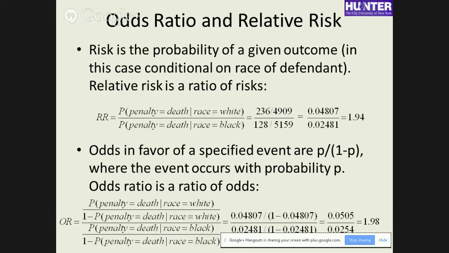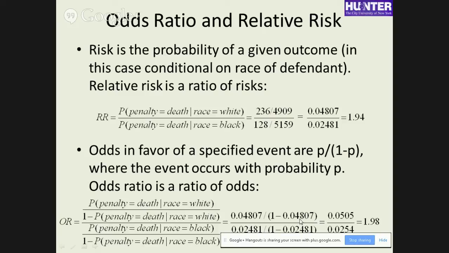The take-home message from that is that in cases with low probabilities, risk ratio and odds ratio are almost the same. So this denominator of 1 minus p, instead of this being 0.048, it's 0.048 divided by 1 minus that, but this is like 0.95.